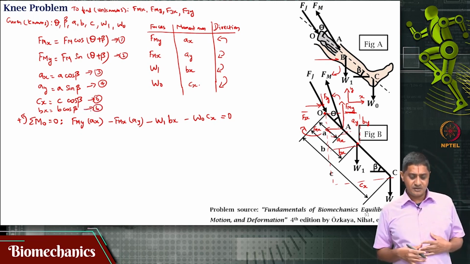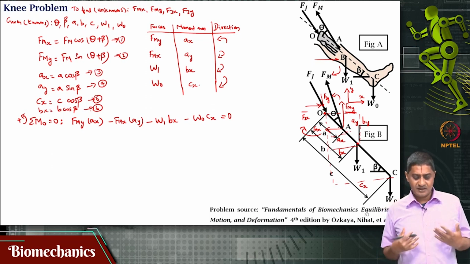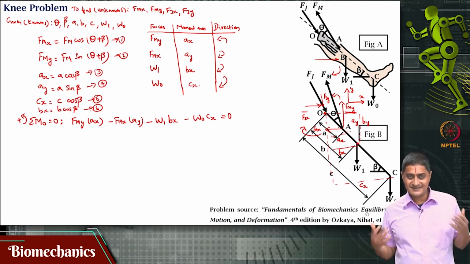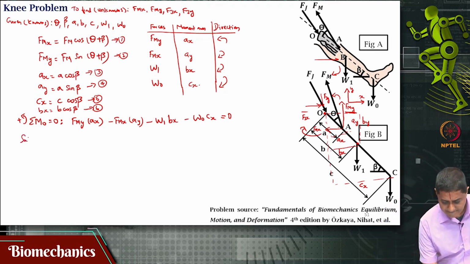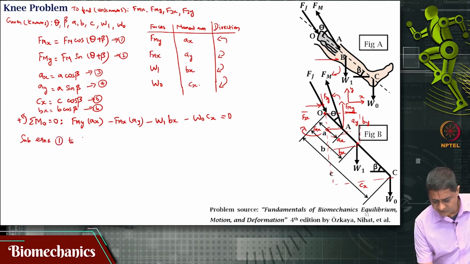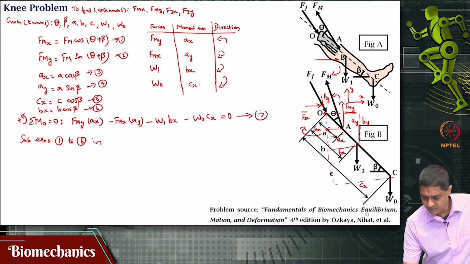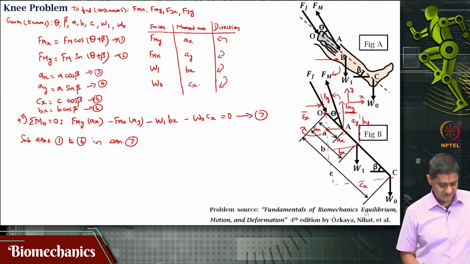Now, substitute equations 1 to 6 for Fmx, Fmy, Ax, Ay, Bx and Cx in this equation, which I am going to call equation 7.